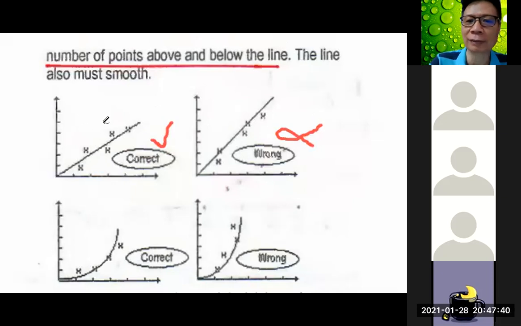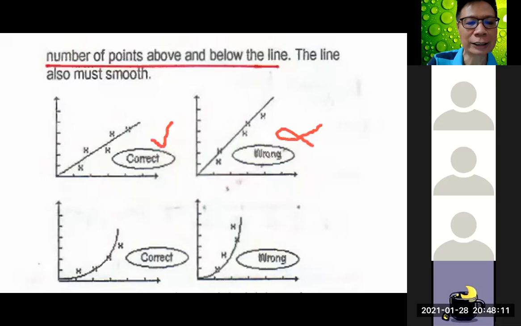This is the best graph. It's hard to pass through all the points, so you always find the balance. This one is balanced, that's why we say correct. This one is wrong because it is not balanced. You see, at the bottom here there are 1, 2, 3, but on top here there are none. That's why it's wrong. So remember, always put your ruler here and adjust it to find the balance before you draw the line.